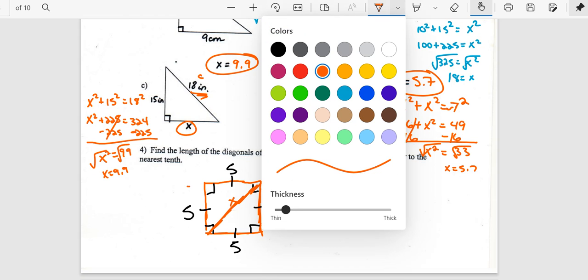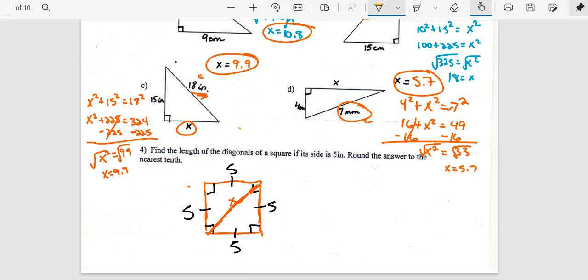Now, what you are going to utilize to figure that out is the fact that this right here is a right triangle. And in order to find the diagonal, I can use the Pythagorean theorem. So it's going to be 5 squared plus 5 squared equals x squared, because this diagonal is x. I'm sorry, it's the hypotenuse, so it's going to go in the c spot.